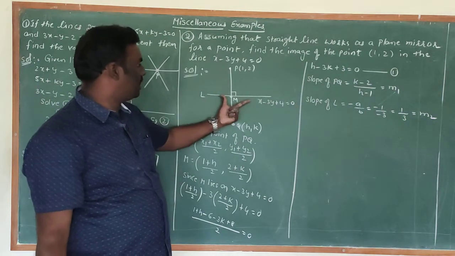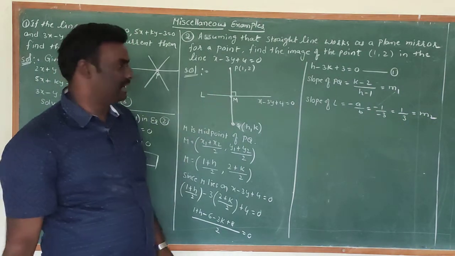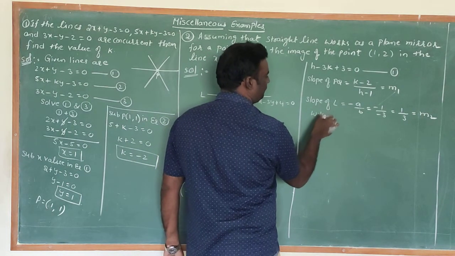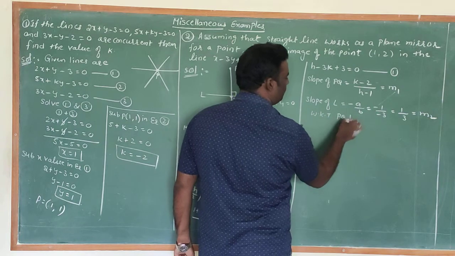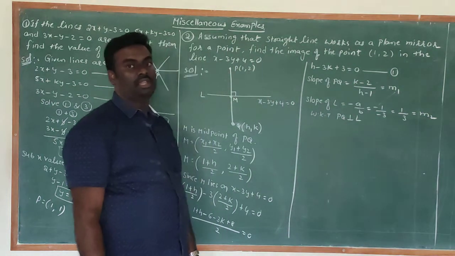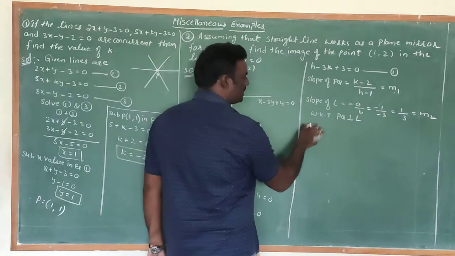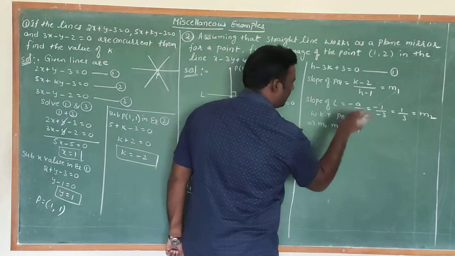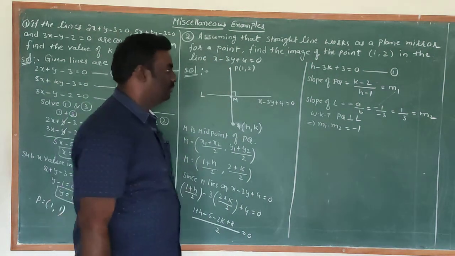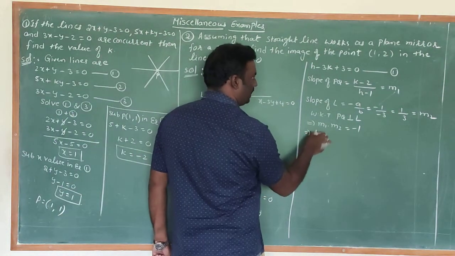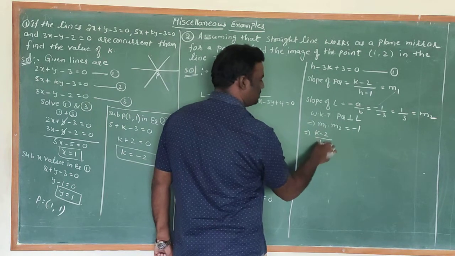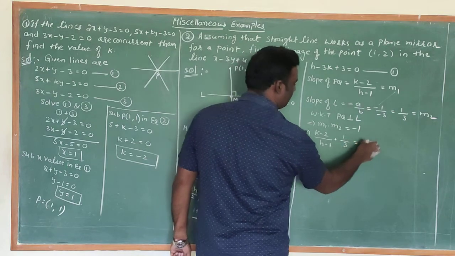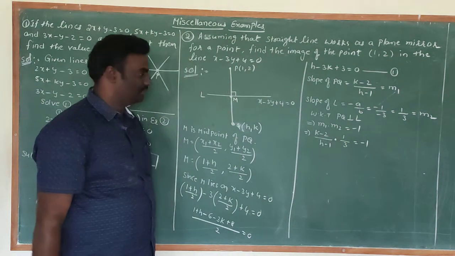But these two are which type of lines? Perpendicular lines. We know that PQ is perpendicular to L. If two lines are perpendicular, then what is the condition? That implies the product of slopes is equal to minus 1. What is M1? k minus 2 by h minus 1 into what is M2? 1 by 3 is equal to minus 1.